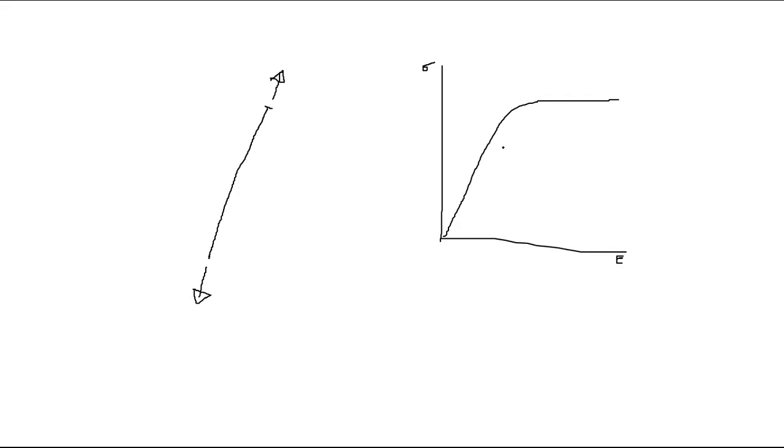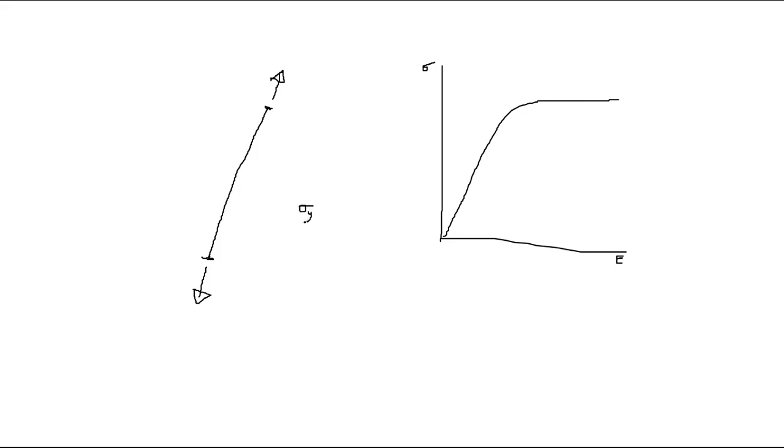Let's say we apply tension. So what can happen to this? If we draw the stress strain curve, we call this the engineering idealization. Otherwise, the actual one would be something like this. So the probable failure mode to fail this by tension is by yielding, right?